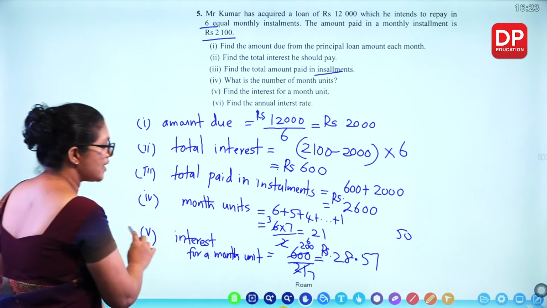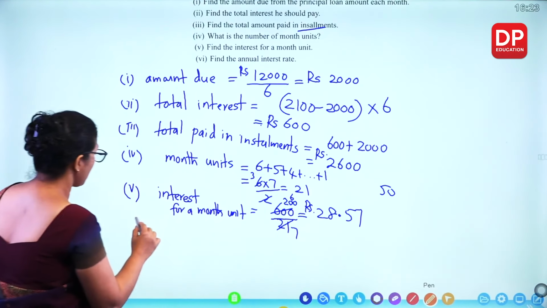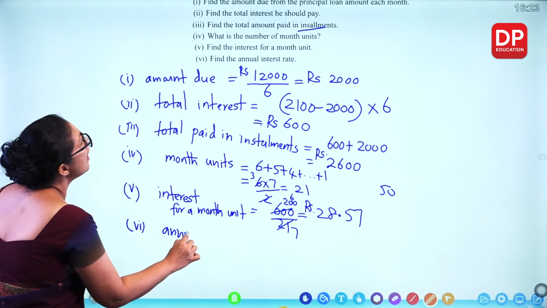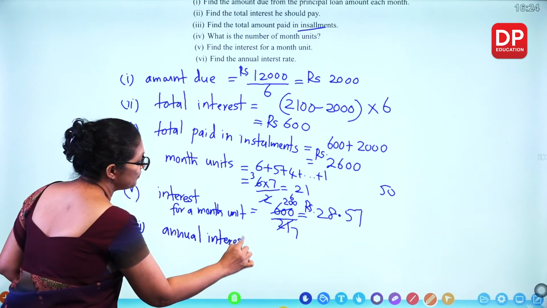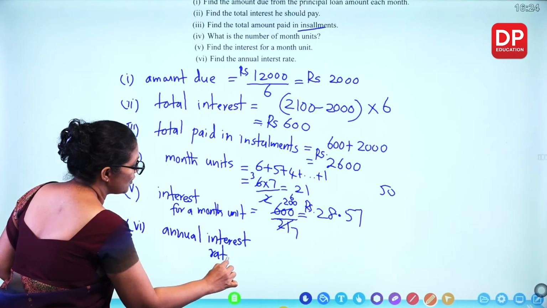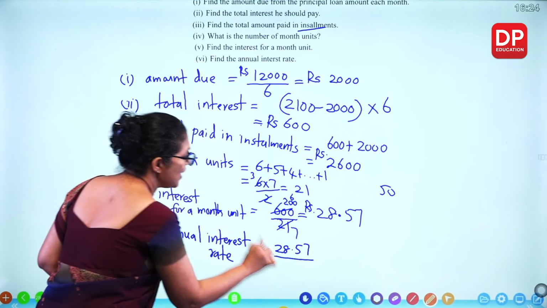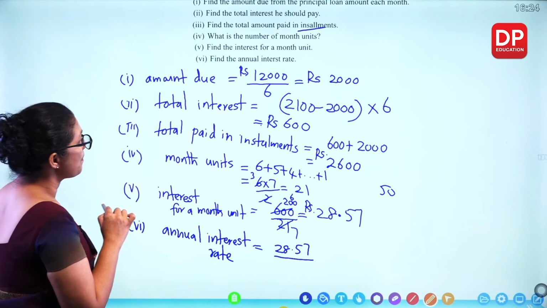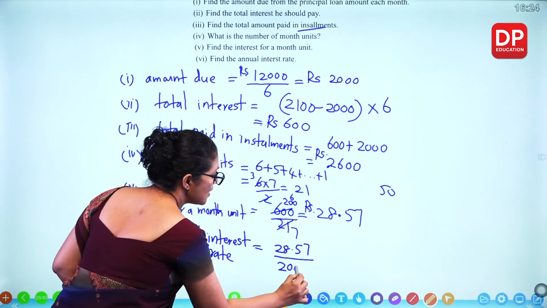So how can we find out the annual interest rate? So they are paying 28.57 rupees per 2000 rupees.